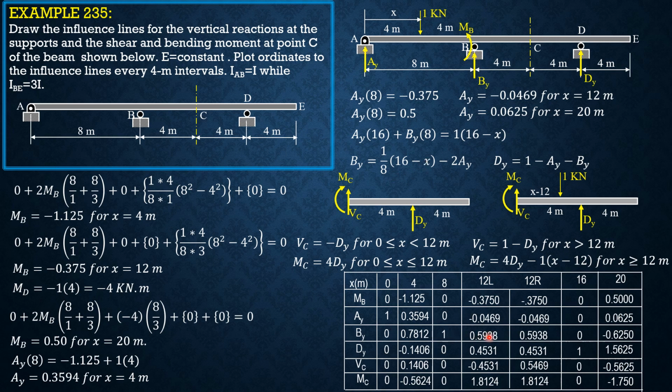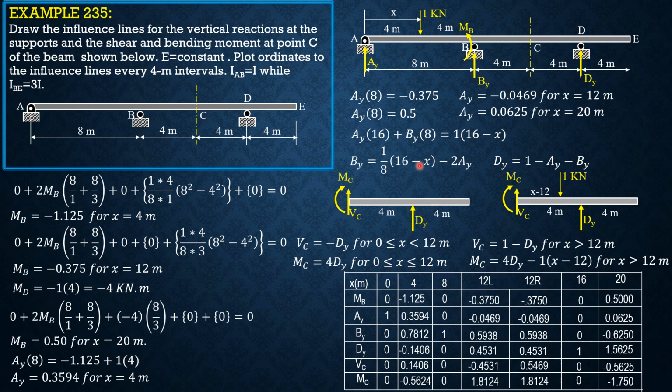When x is 12, 16 minus 12 is 4, 4 over 8 is 0.5, minus 2 times AY, and AY is negative 0.0469, so BY is 0.5938. When x is 16, with the unit load over D, BY is 0. When x is 20, 1/8 of 16 minus 20, negative 0.5, minus 2 times 0.0625, so BY is negative 0.6250.